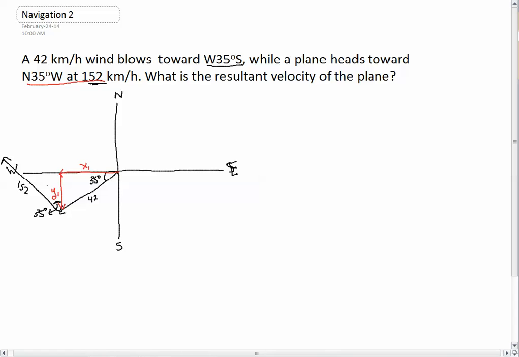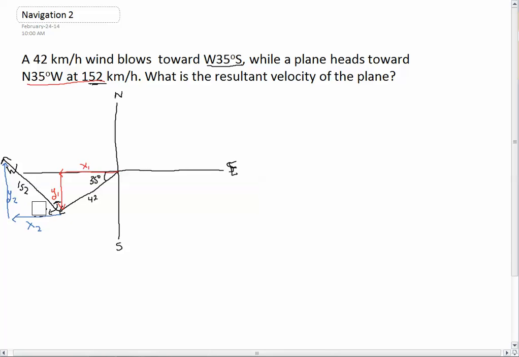As I say, it's always really important to make sure we place our angles in exactly the right spot. And so we can draw our x2 down here and our y2 right there. I'm just going to clean that up a bit.